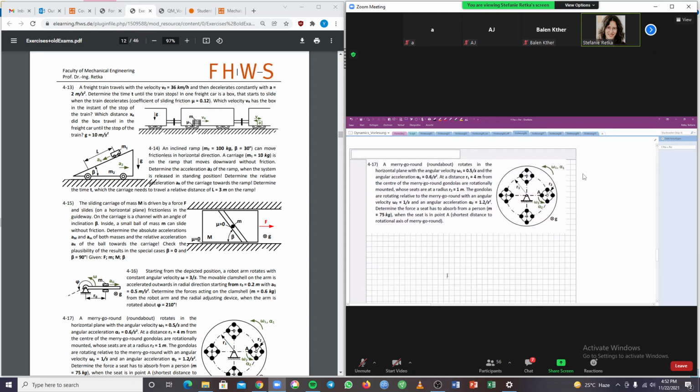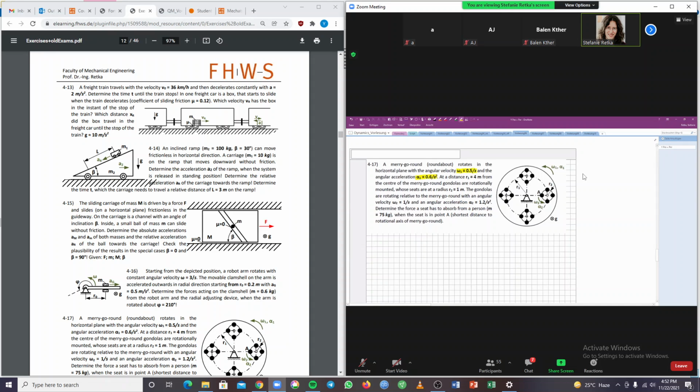Okay, we have a merry-go-round that rotates in a horizontal plane. So it's a similar problem to the very first problems that we discussed. The angular velocity is given as 0.5 per second, and the angular acceleration is given as well.